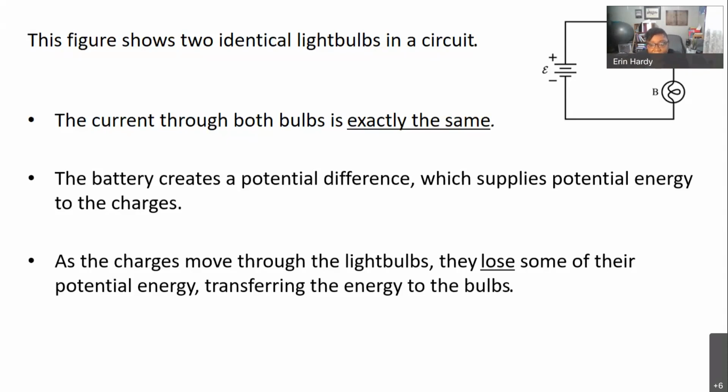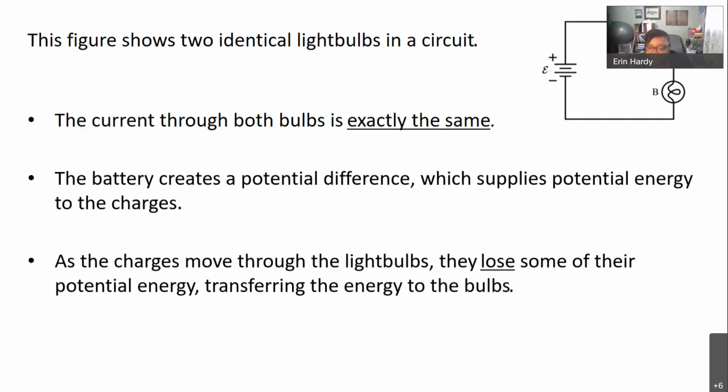And the behavior of a compass needle would still be able to indicate whether current was present or not. So I just want to point that out because we are talking about non-ohmic materials here. There is a large amount of this potential energy that is lost due to thermal energy, the production of heat and the production of light.